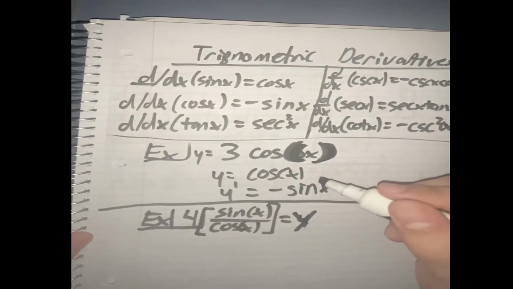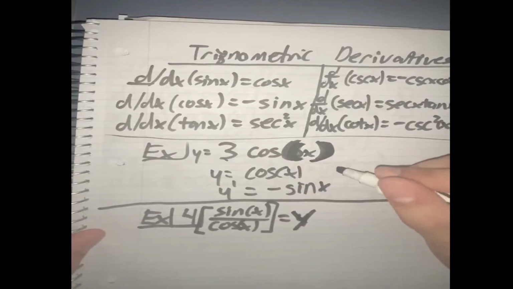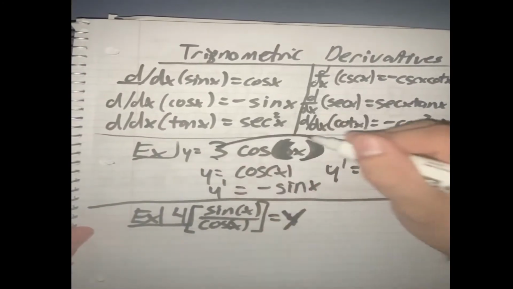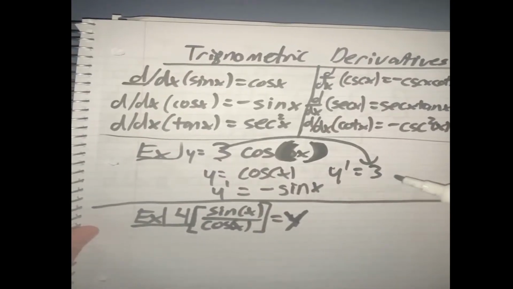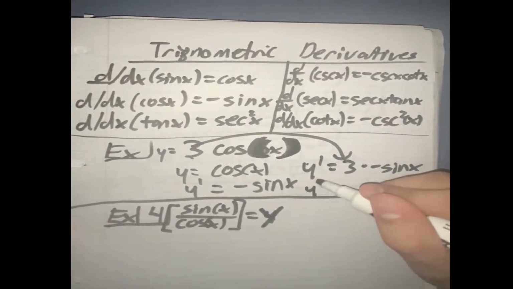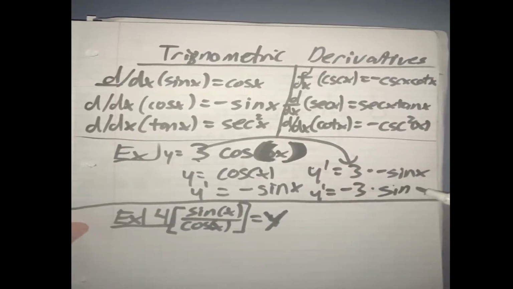But let's not forget we had a 3. So the actual derivative of 3 cosine x, y prime, is equal to 3 times negative sine of x. And if you want to be more proper, y prime is negative 3 times sine of x.